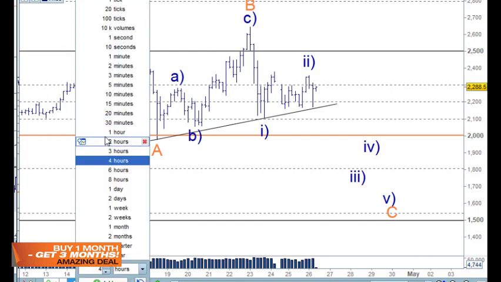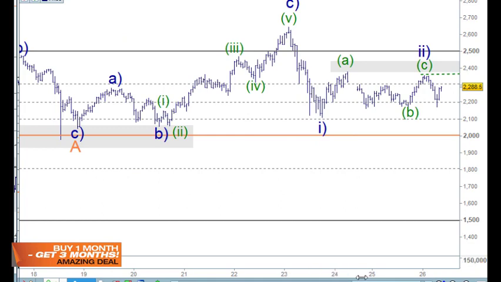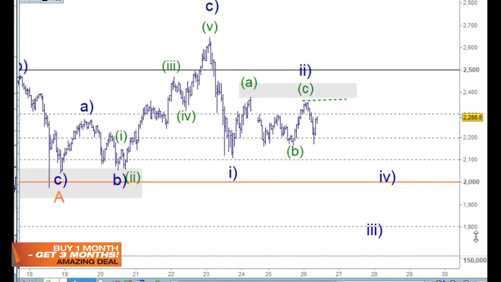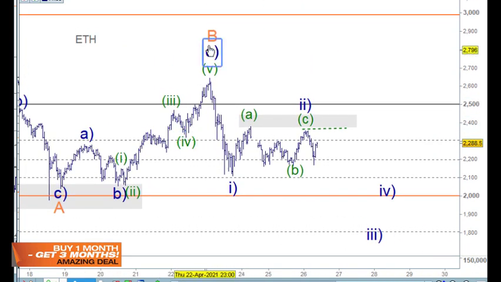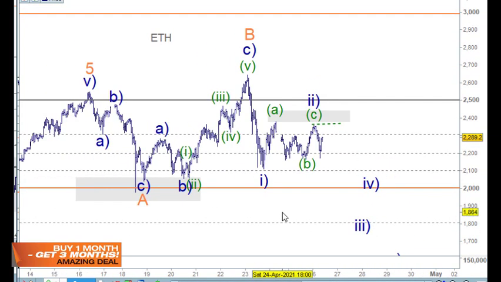So if I can just go into the hourly chart here. So looking at this as wave B up here, we can look at this as wave 1, ABC for 2 here, and 3, 4, and 5 coming down here for that. If that top there gets breached at this point, then we would have to look at this a little bit differently at this stage.